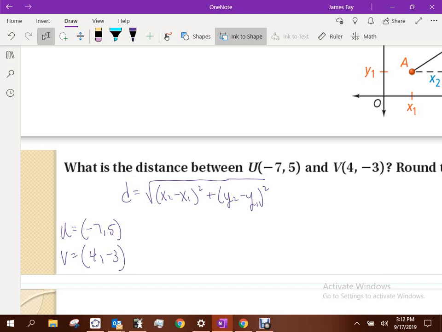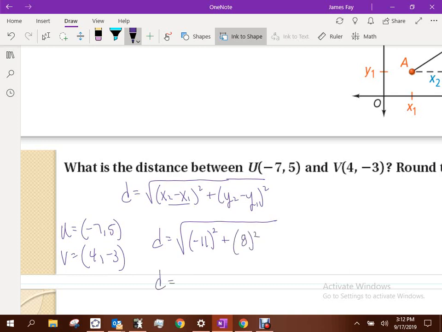I stack my ordered pairs because when I do subtraction, okay, I can just subtract my x's straight down. What's -7 minus 4? -11, right? So that thing turns into -11, and I'll square it. What's 5 minus negative 3? 8. And I'll square it.